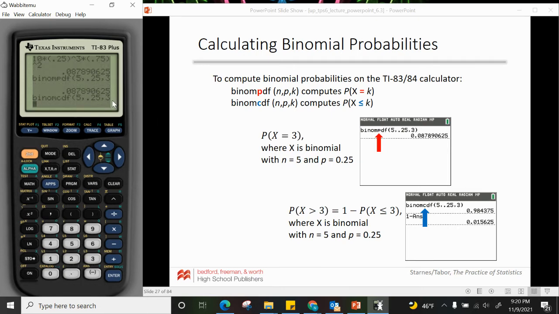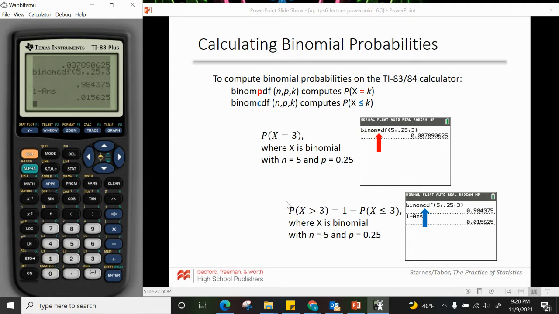This is going to add up the probability of 0 successes, plus the probability of 1 success, plus 2 successes, plus 3 successes. That is the probability that X is less than or equal to 3. So the probability that X is bigger than 3 would be 1 minus it. It's a complement. And that's how I get my answer.